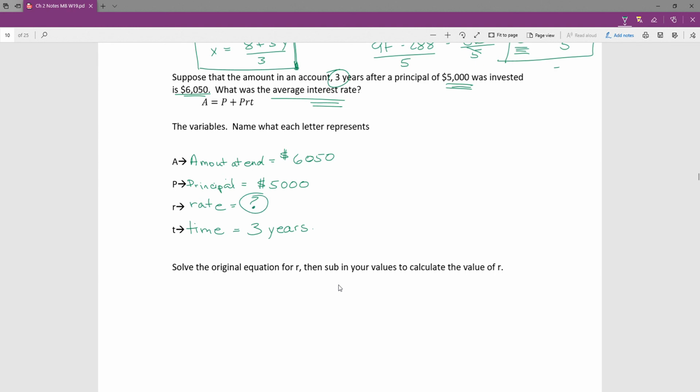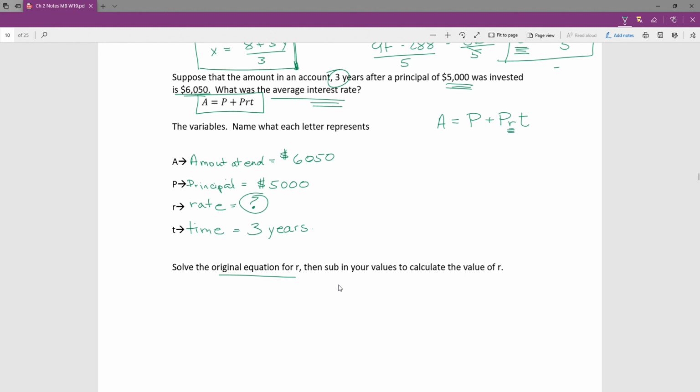So we do have an equation that amount equals the principal plus the principal times the rate times the time. And so what we would like to do is solve the original equation for R and then sub in the value. So I'm going to, just because I've got the space, solve for R up here. So if this is my original equation, R is what I'm trying to get by itself.